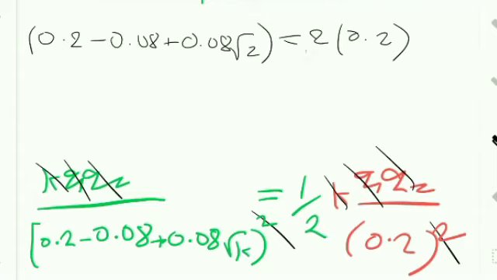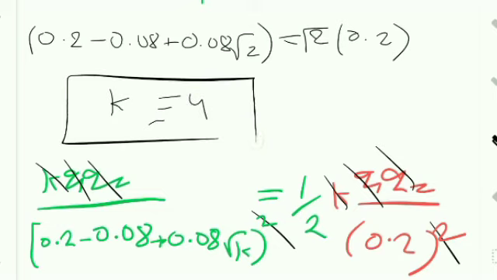Now simplifying this, we get K value approximately 4. This is the answer.